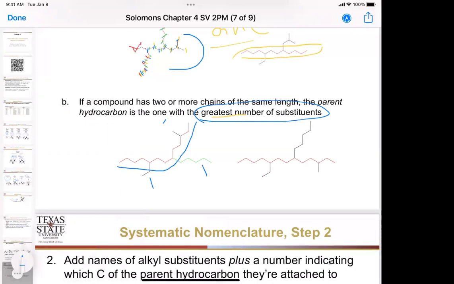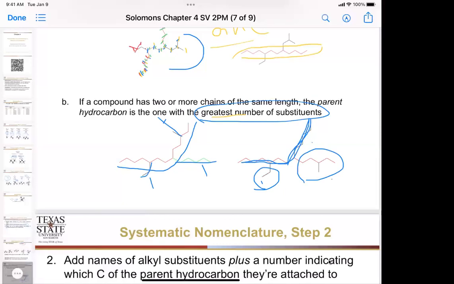And if we rearrange that structure, we'd have 1, 2, 3 substituents. So we're not going to have this as our main chain right here because we'd only have 1, 2 substituents. So we want to use the one that has 1, 2, 3 substituents. Okay, so longest chain, greatest number of substituents. Those are really good rules.